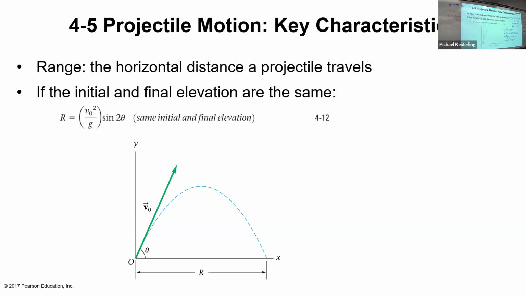One will take longer because it'll go higher to travel a further distance, but they will cover the same horizontal distance. So x here is the range. That's how you go about solving, and that gives you this equation for the same initial and final elevation.